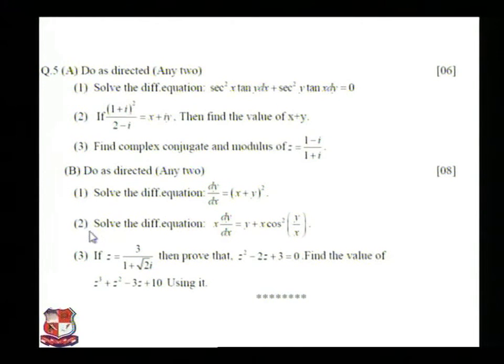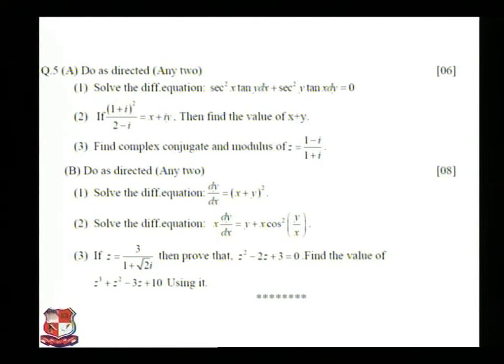Our next sum, that is question 5b2. Again solve the differential equation x dy by dx is equal to y plus x cos square y by x. So we write down this equation.